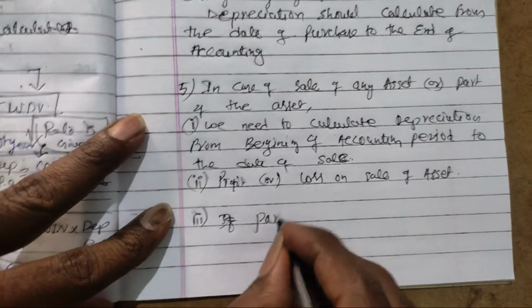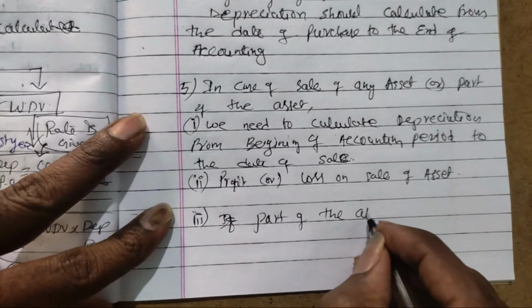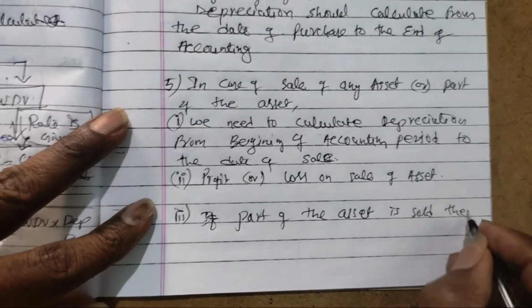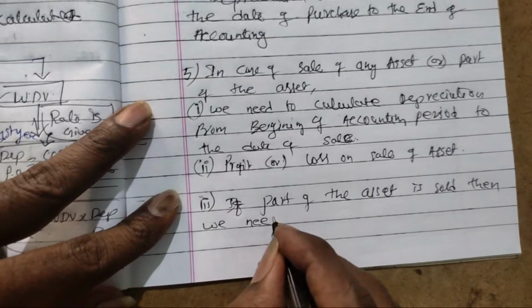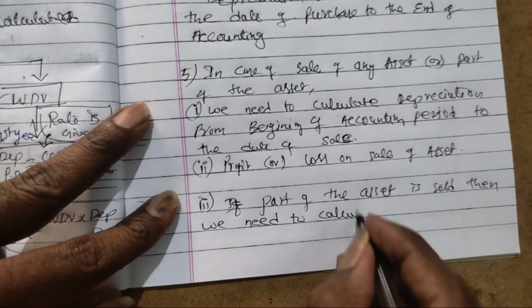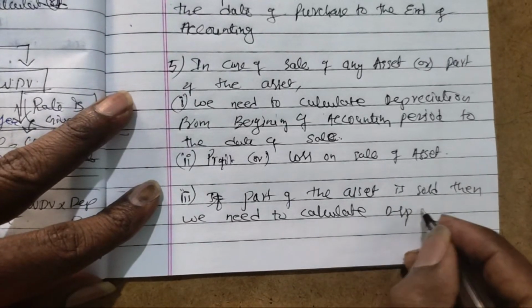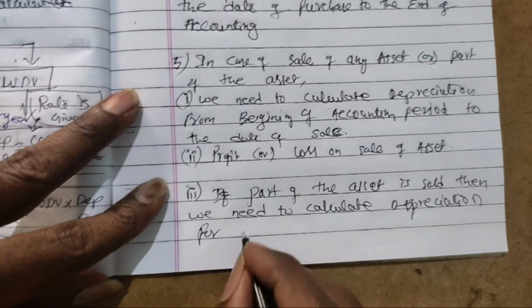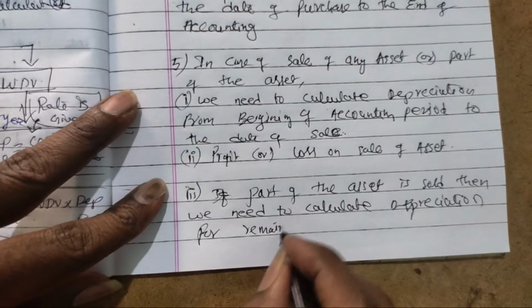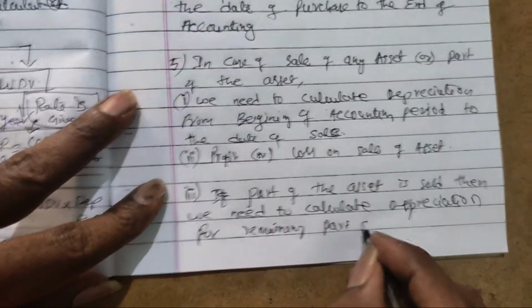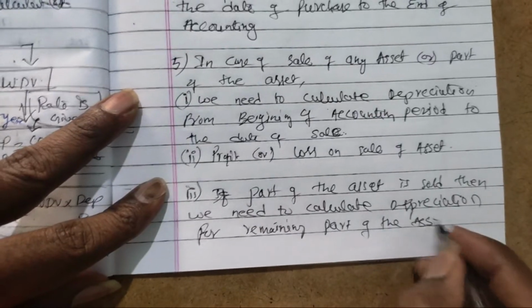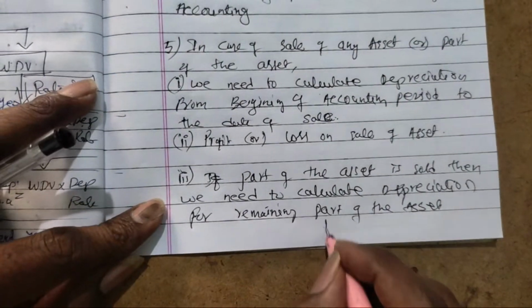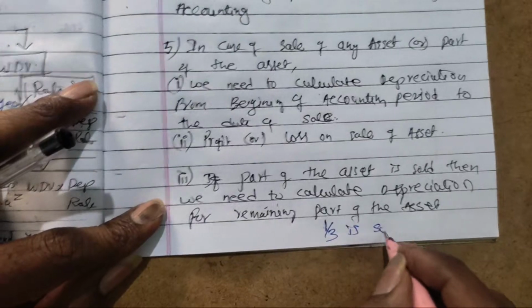And point number 3, if part of the asset is sold, then we need to calculate depreciation for the remaining part of the asset. Means suppose it is given in the question, out of total asset, one third is sold. How much is sold? One third is sold.